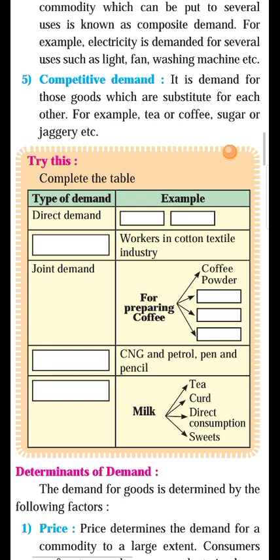They don't want to spend extra on a commodity which becomes costly. Fourth example, Colgate and Pepsodent. An increase in the price of Colgate leads to an increase in the demand for Pepsodent. Why? Because these are competitive goods, these are substitute goods.